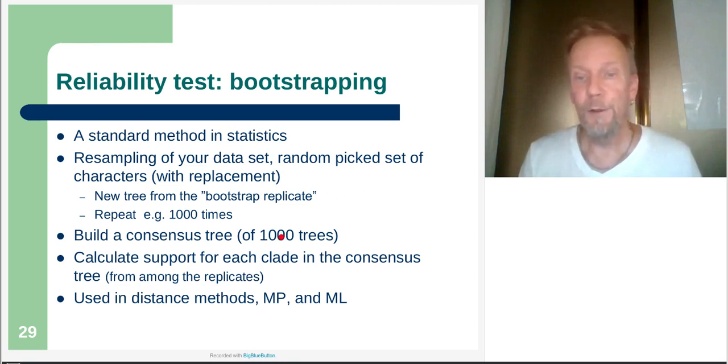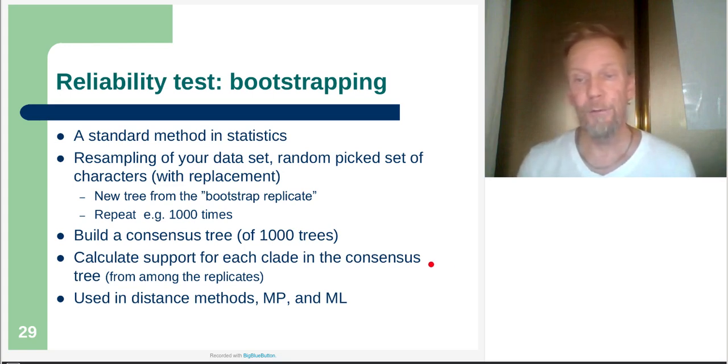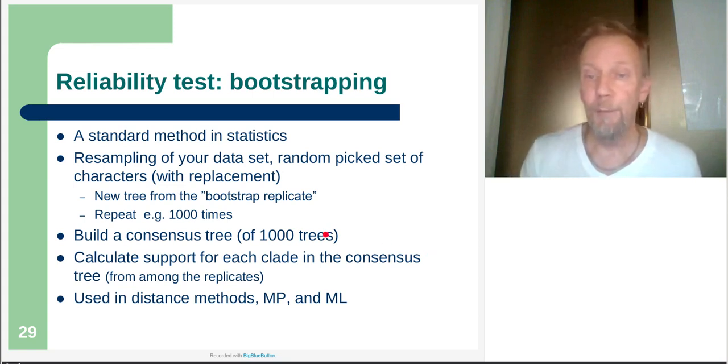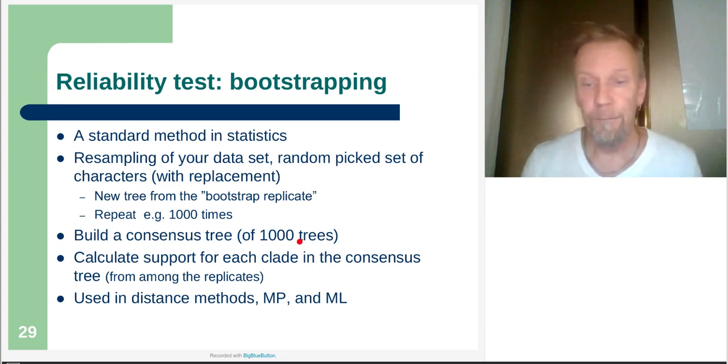But anyway, if you do the bootstrapping, repeating it 1,000 times and then build a tree out of each of the bootstrapped data sets, you can then compare the trees and get frequencies for each of the clades. You get support for the clades in the tree, and you can build a consensus tree which shows the most popular clades consolidated in a single tree.